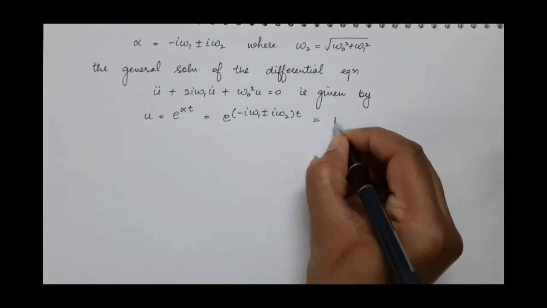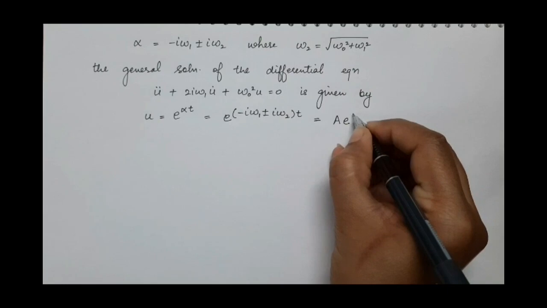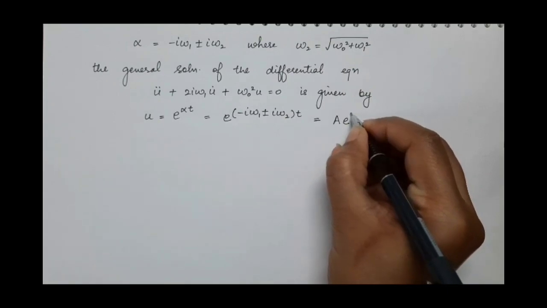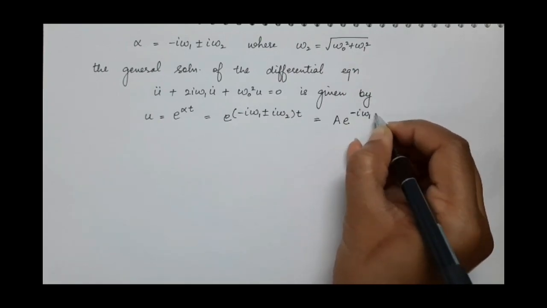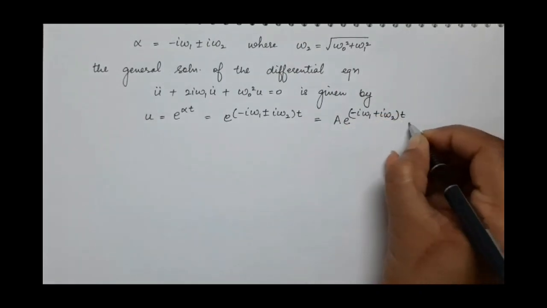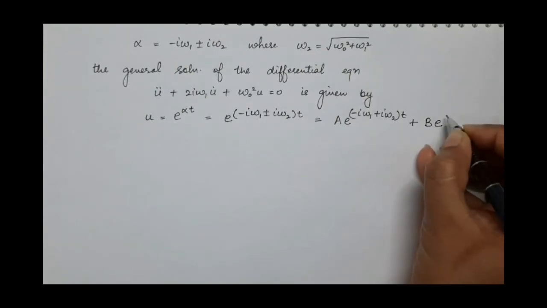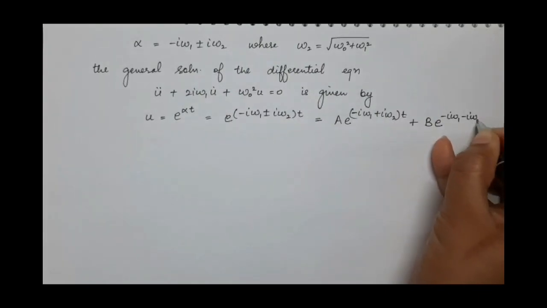It will be a e raised to power alpha, first value of alpha is minus iota omega 1 plus iota omega 2 into t, plus b e raised to power second value of alpha, minus iota omega 1 minus iota omega 2 into t.